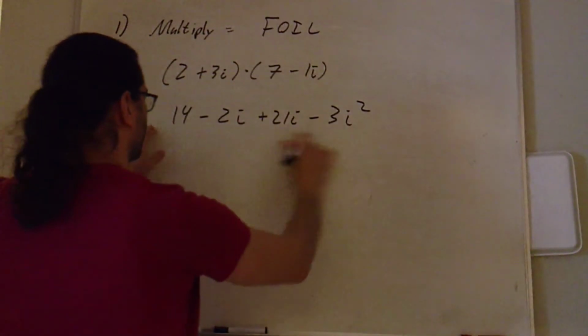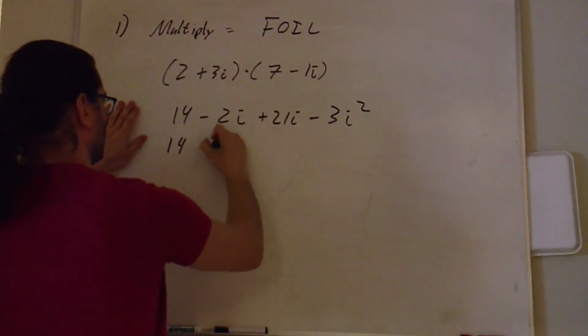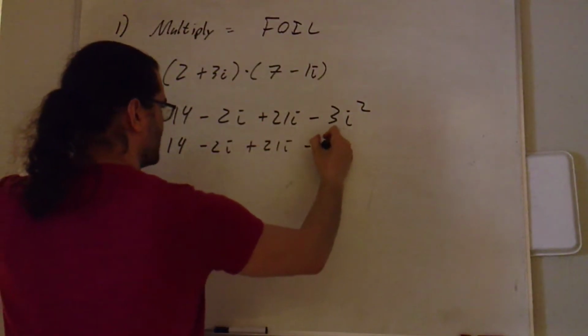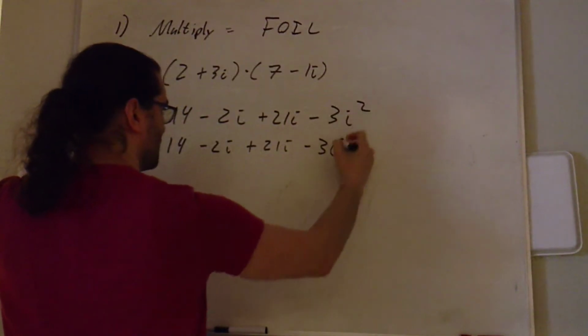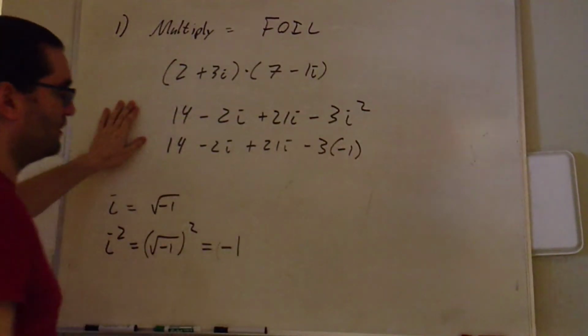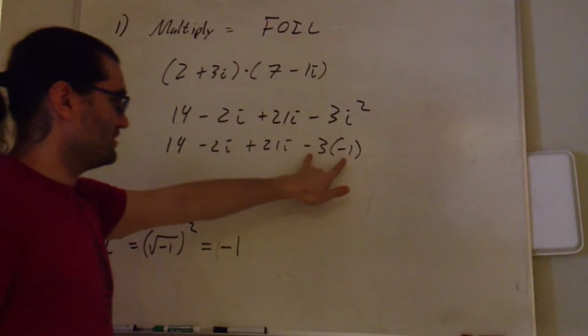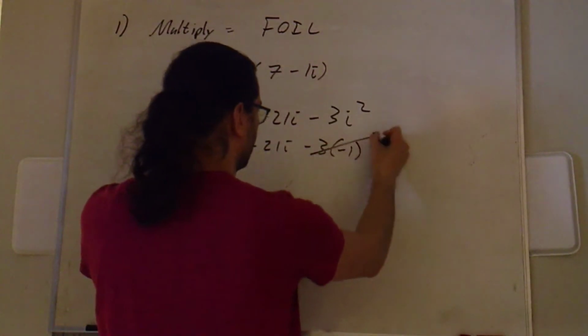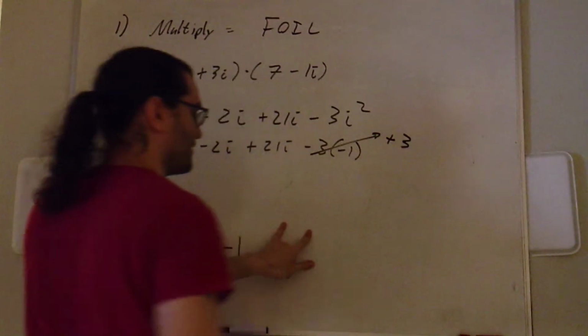So this whole thing here is 14 minus 2i plus 21i minus 3i squared. i squared is negative 1, so this last piece on the end is actually just plus 3.